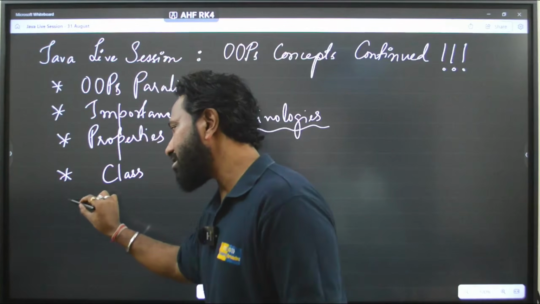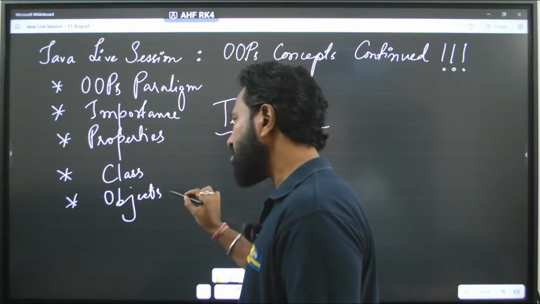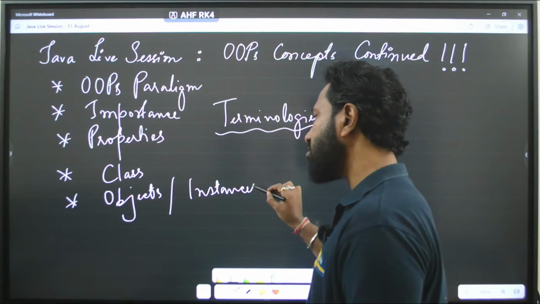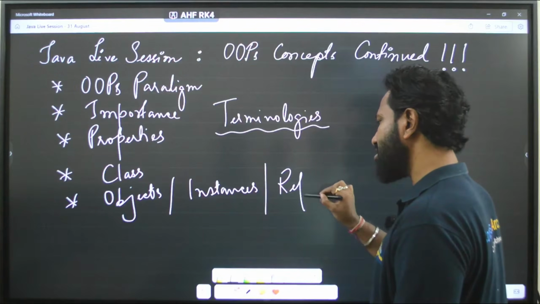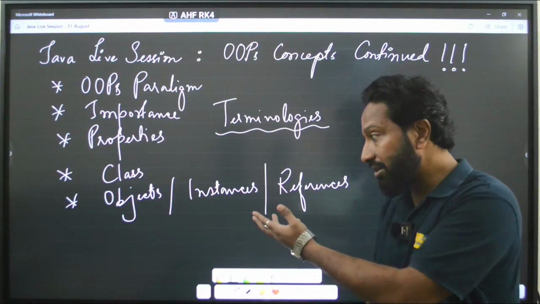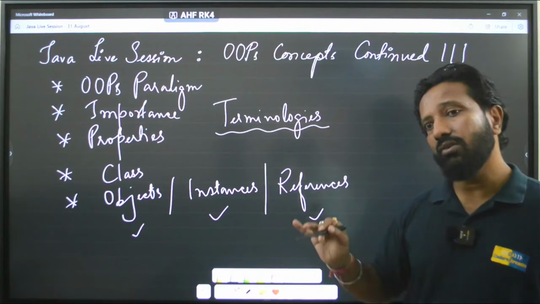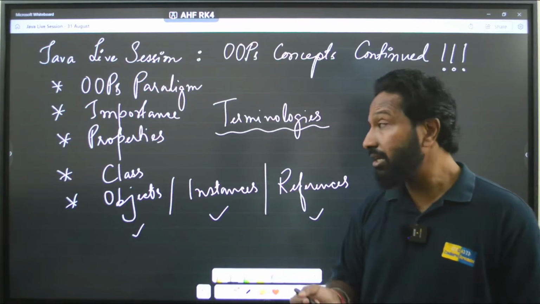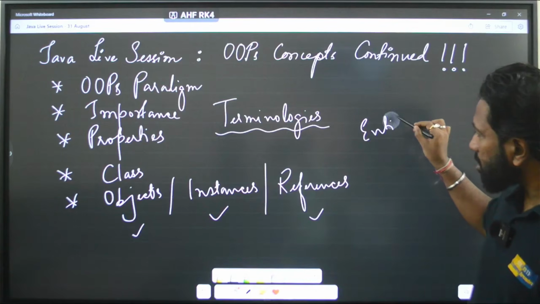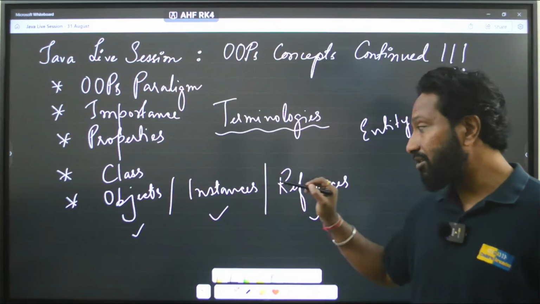We learned about classes, objects, instances, and references. All of these, object, instance or reference, are absolutely the same thing. The same entity can be called an object, an instance, or a reference.